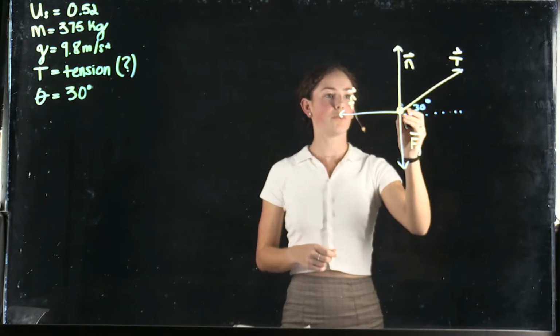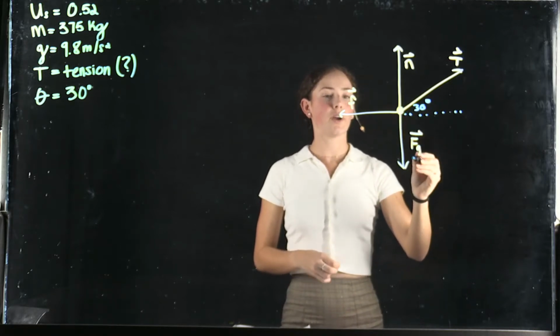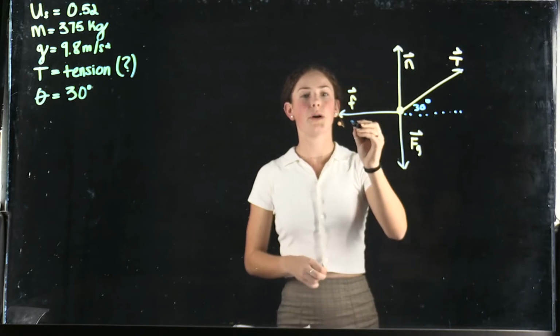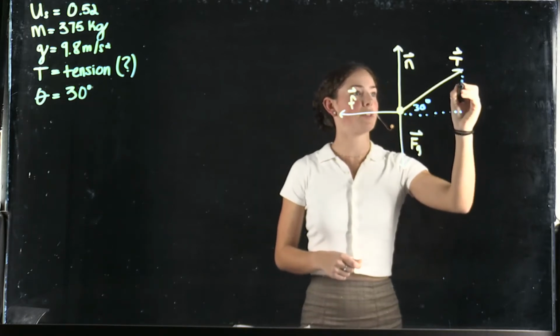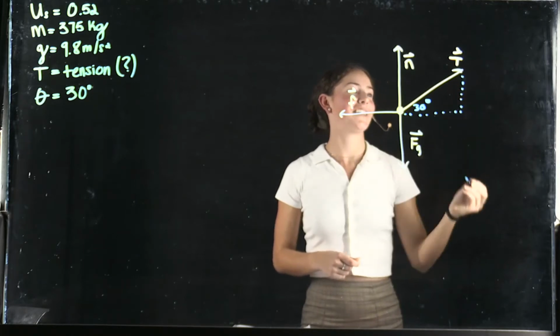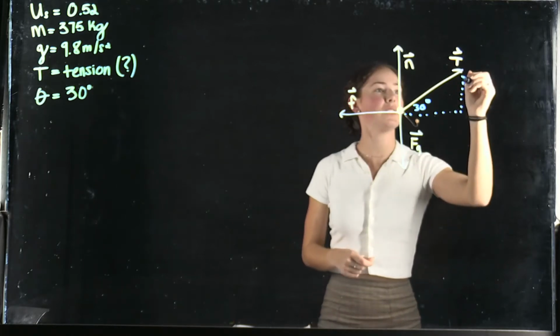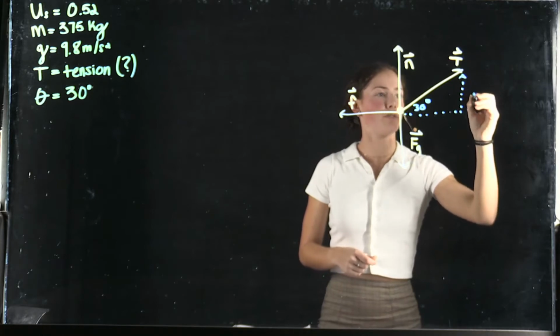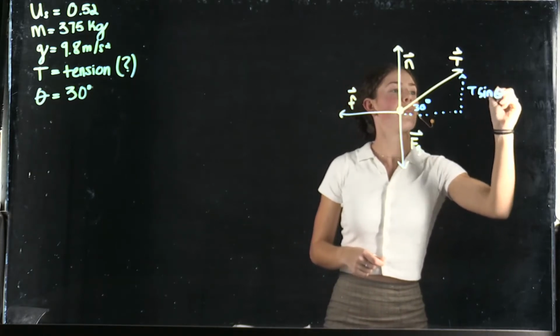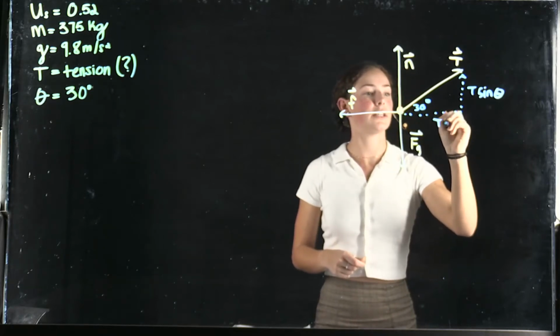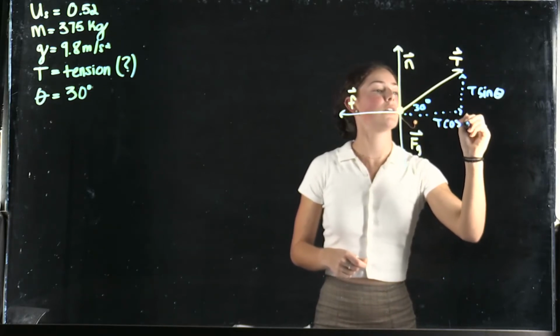We have normal force, we have gravity, and we have the frictional force opposing the motion. So this tension force also has its vertical components. So we have T sine theta, and we have T cosine theta.